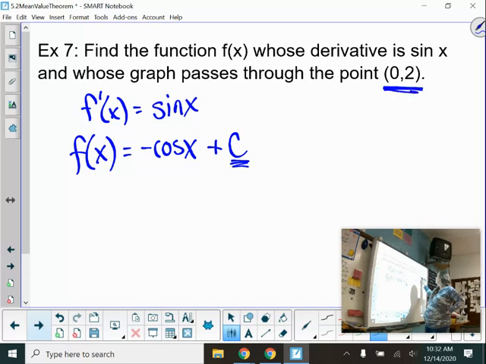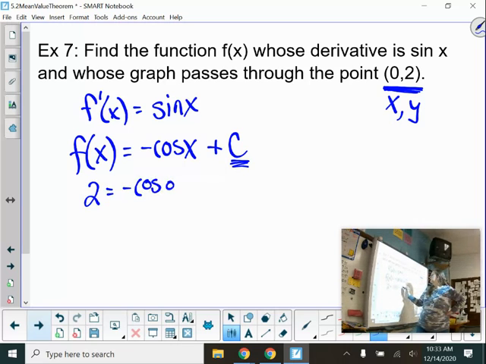That's also where we can use this initial condition. Remember, your initial point, that's going to represent an x and a y value. So if we know that it has to pass through the point 0, 2, that means if I plug in 0 for x and 2 for y, I'll be able to solve for my c. So 2 is equal to negative cosine of 0 plus c.